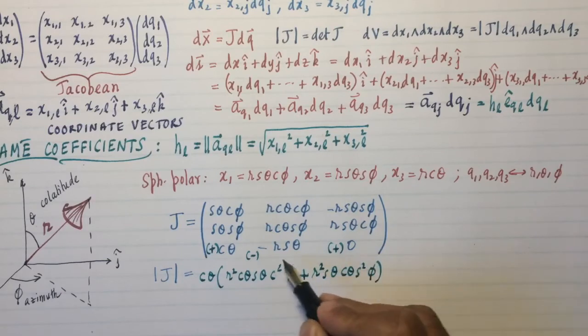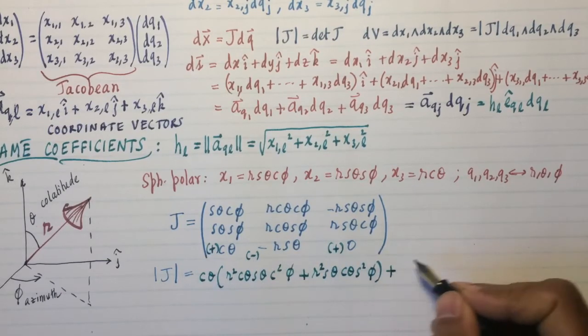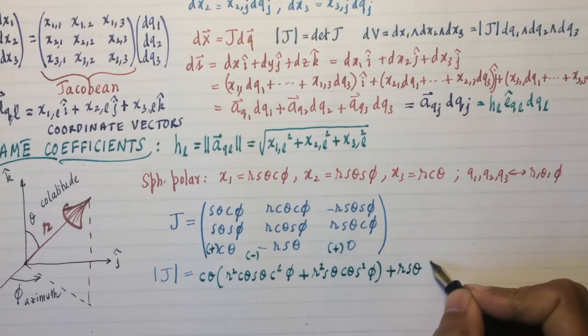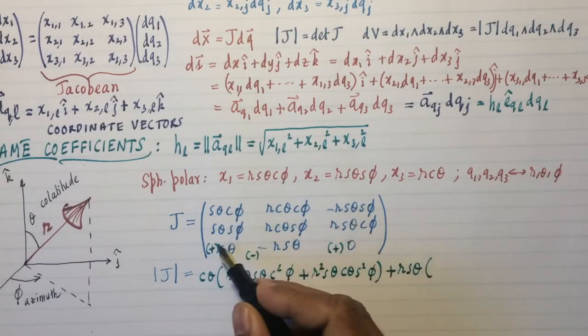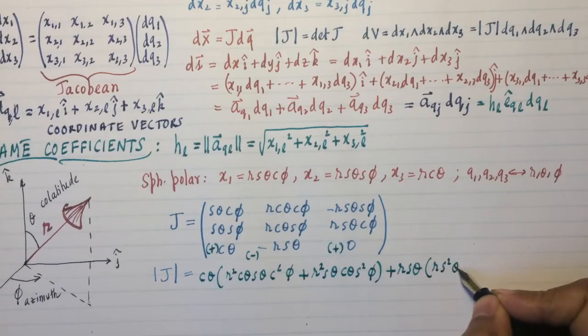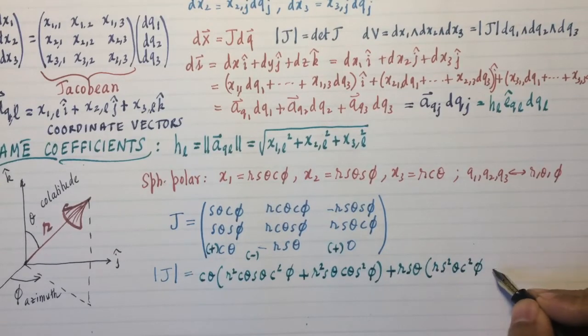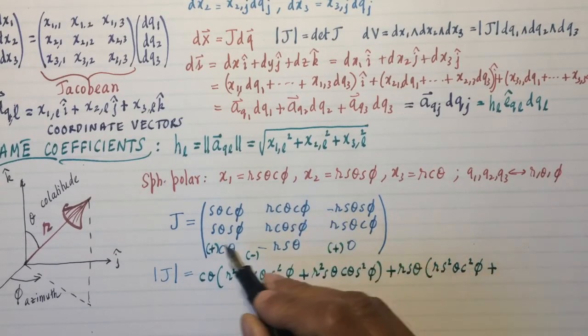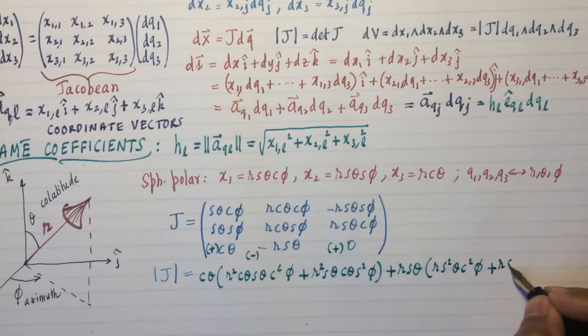And this second term is going to be minus of a minus, so again it gets plus r sine theta, and then this minus that, so that gives me r sine squared theta cosine squared phi plus, because of minus of a minus, r sine squared theta sine squared phi.